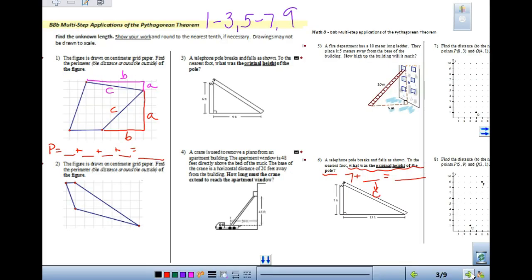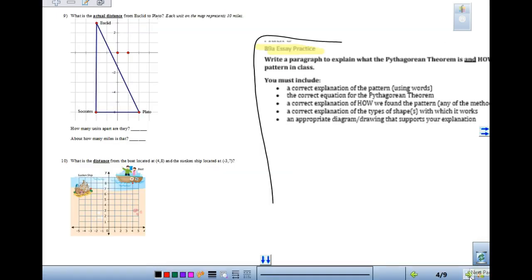So, yesterday you were working on 8B. Any questions on any of these as you started 8B that I could answer? You are adding all of the sides up to find the perimeter. Question 3 and question 6, you're adding the side length and the C to get your height.